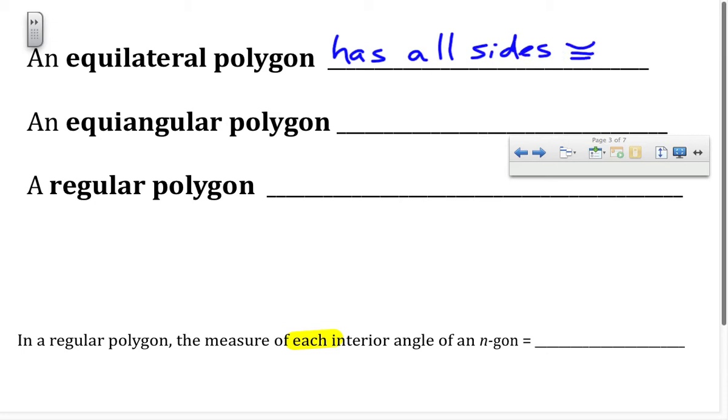And an equiangular polygon has all angles congruent, yes. A regular polygon is one that is both. It is equilateral and equiangular.